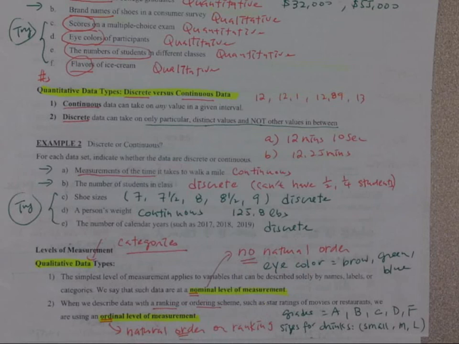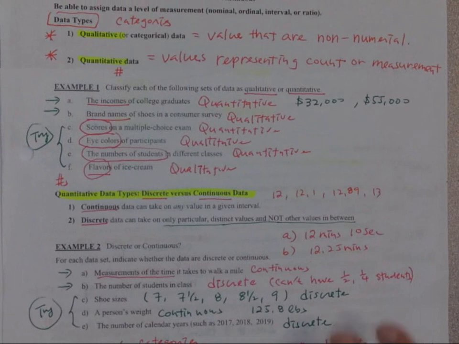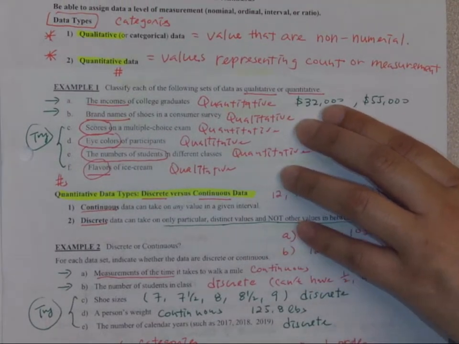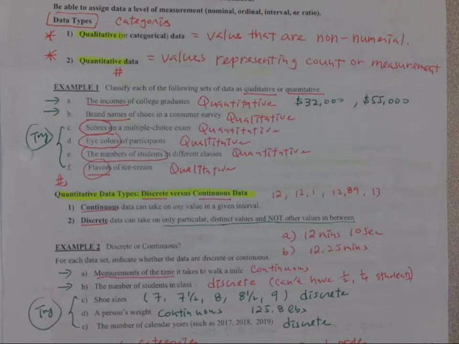So how are they different? Nominal and ordinal. Nominal means no order. Ordinal, order. Okay, so let's think about something. If I just give you some data and you have to categorize them as quantitative and qualitative, okay? So if I say number of students in each class, that would be quantitative with the number, right?